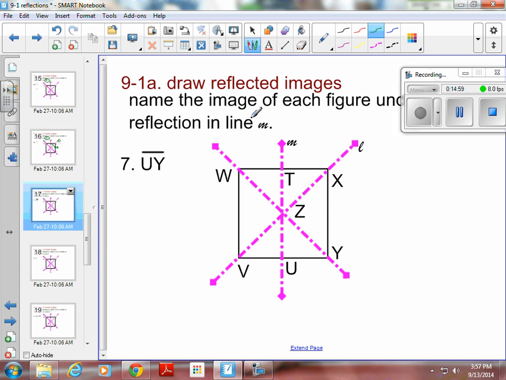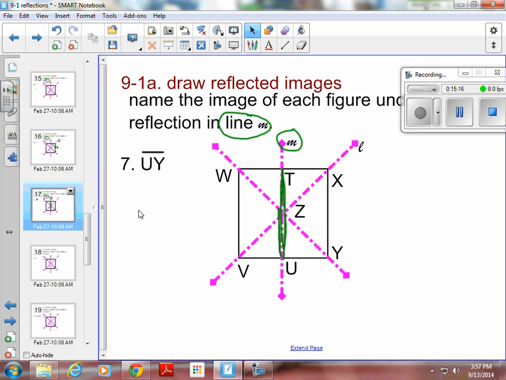How about if we go across line M, and I want segment UT. So segment UT is that one. And I want to reflect it across line M. Well, it is on line M, so it doesn't go anywhere. So that is just, oh, I misread that. Back. This is UY. Let's go to UY. Sorry about that. U to Y is here. Okay.